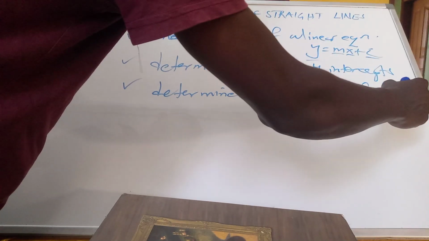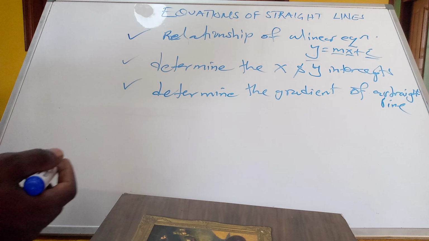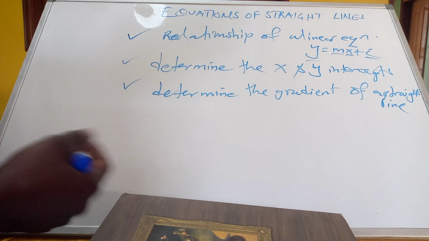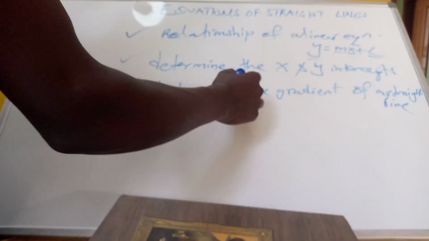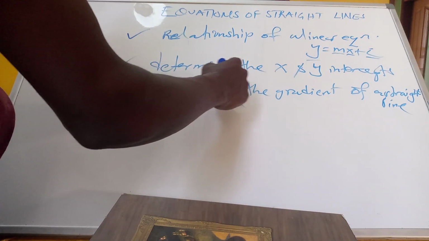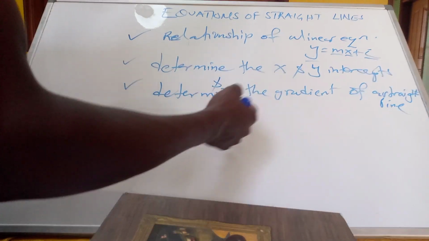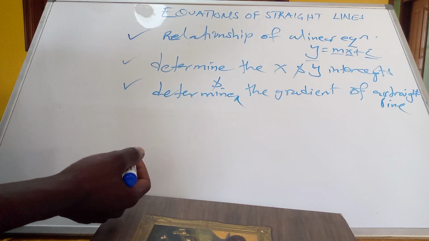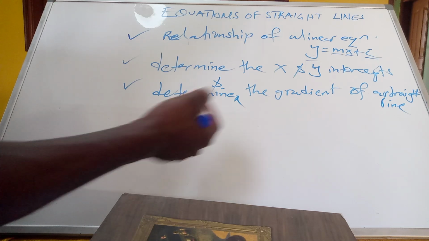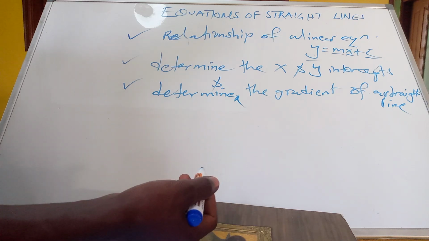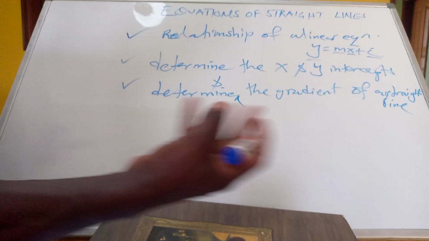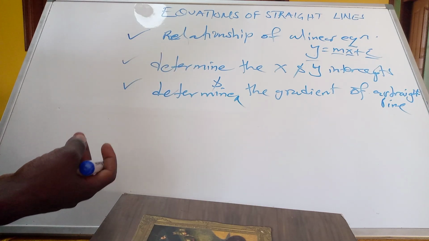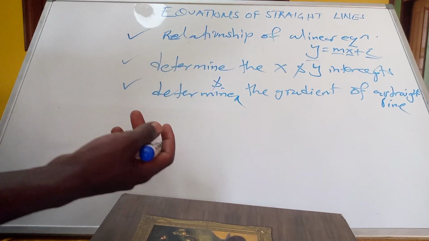Then we are to state the gradient of a straight line. Later on we shall state, when you are given an equation, you will not need to calculate the gradient. You will look at the equation and simply state the gradient of any given equation of a straight line.